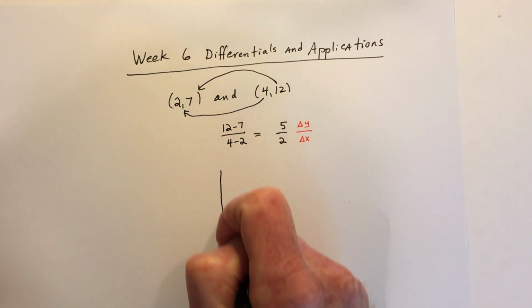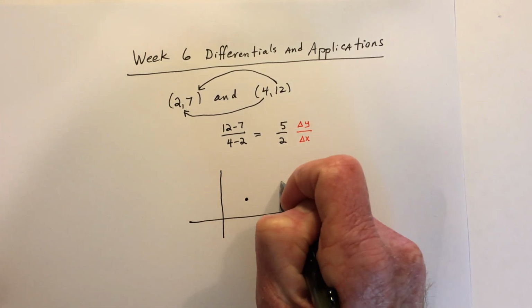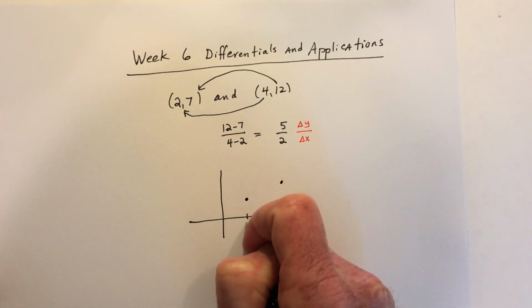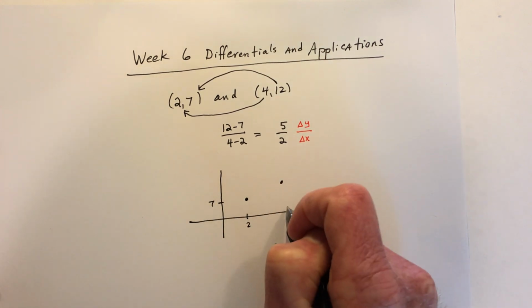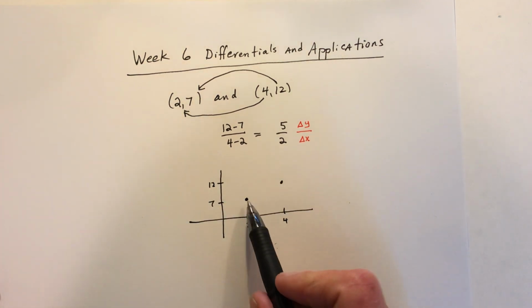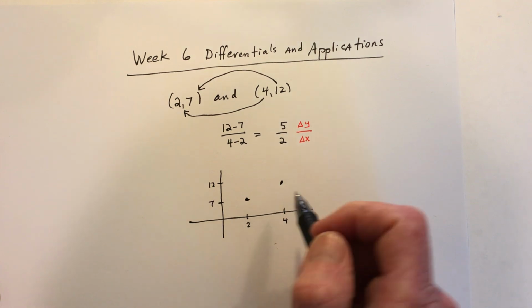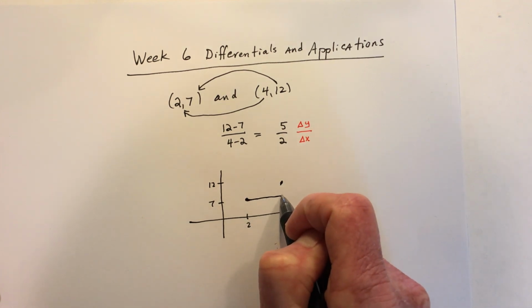This is the theory part. So if you go from one point to the next, so this would be (2, 7), this would be (4, 12). And if you go from this point to this point, then you're going to need to go over by 2.